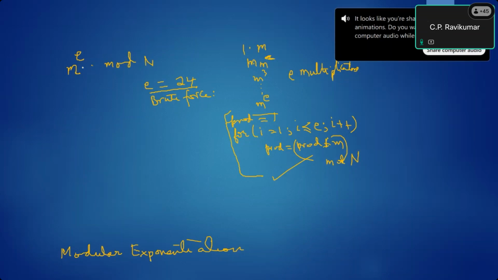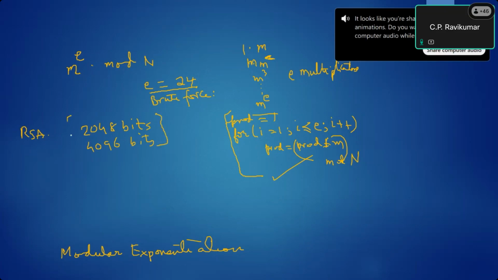As I mentioned to you, these are very large numbers. Yesterday, as we mentioned, in RSA, for the sake of security, they choose 2048 bits or 4096 bits.